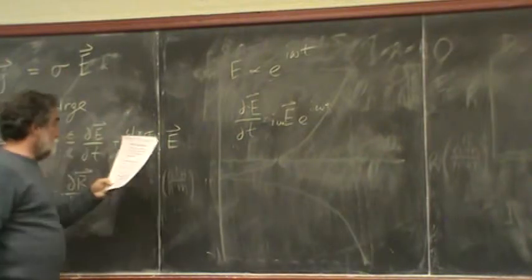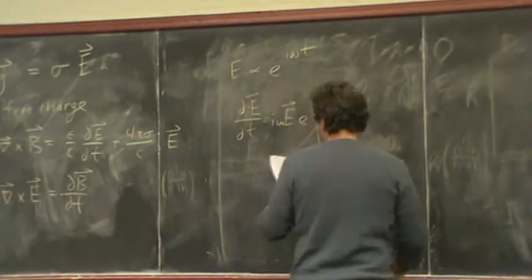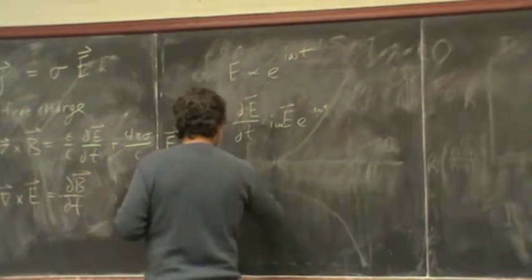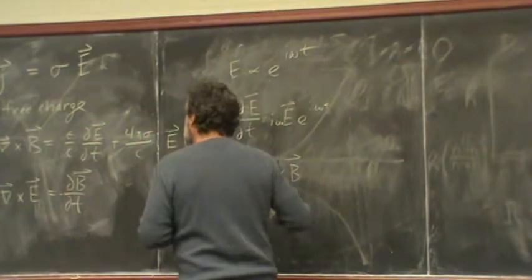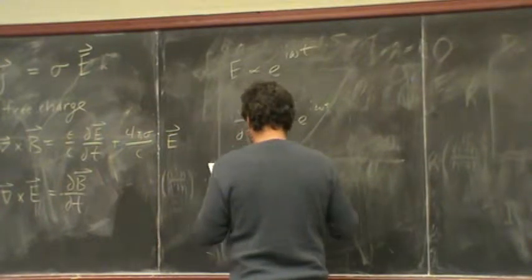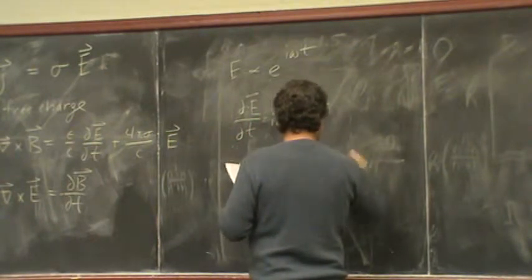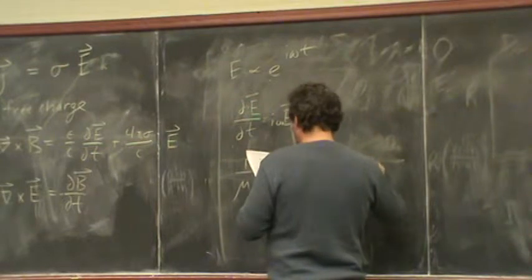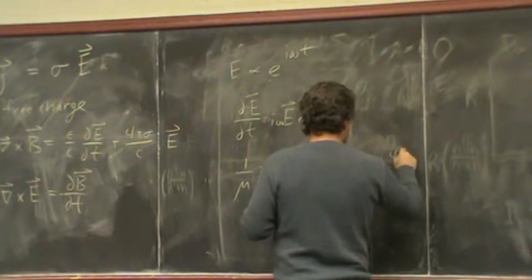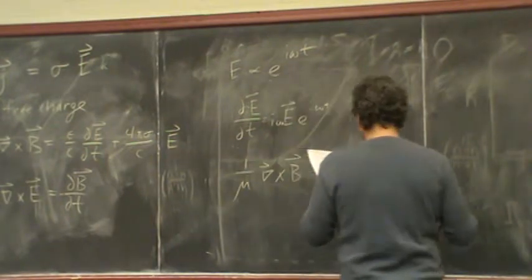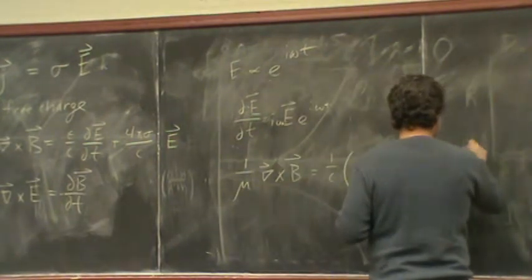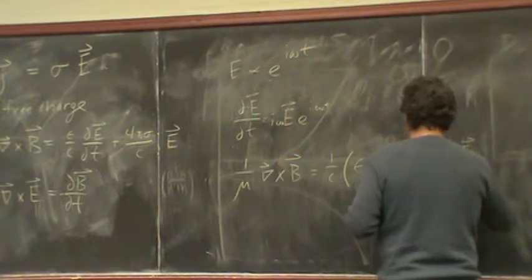I went the other way. So I have, if I did it right, 1 over mu curl B is equal to 1 over c times epsilon plus i 4 pi sigma over omega, just making that substitution, dE dt.